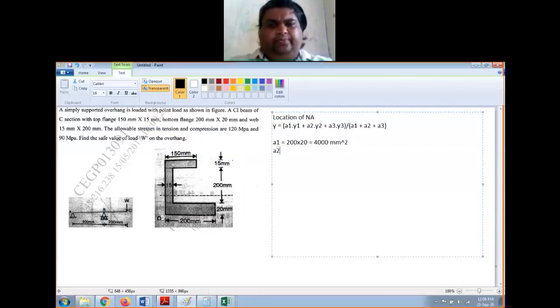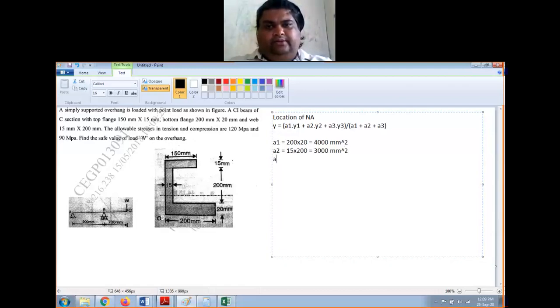Then A2 is equal to 15 by 200, so that is 15 into 2 is 30, 3000 mm square.